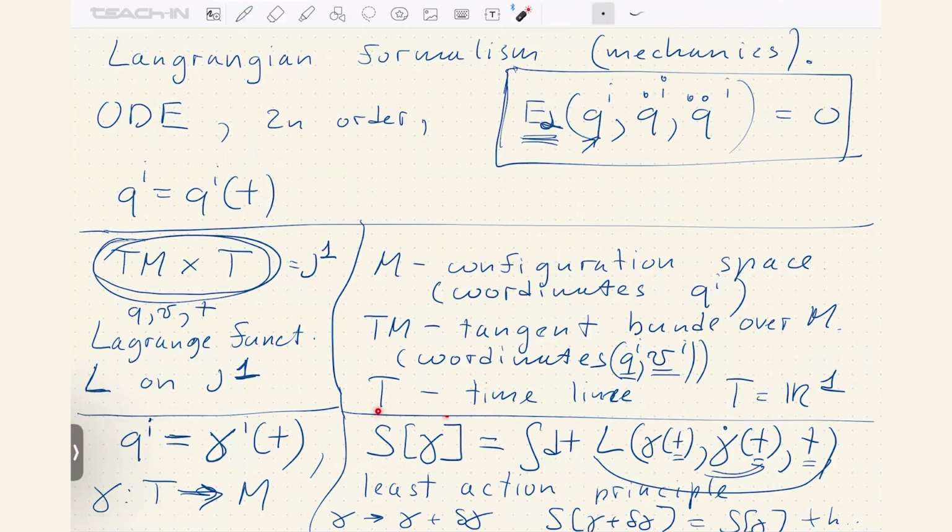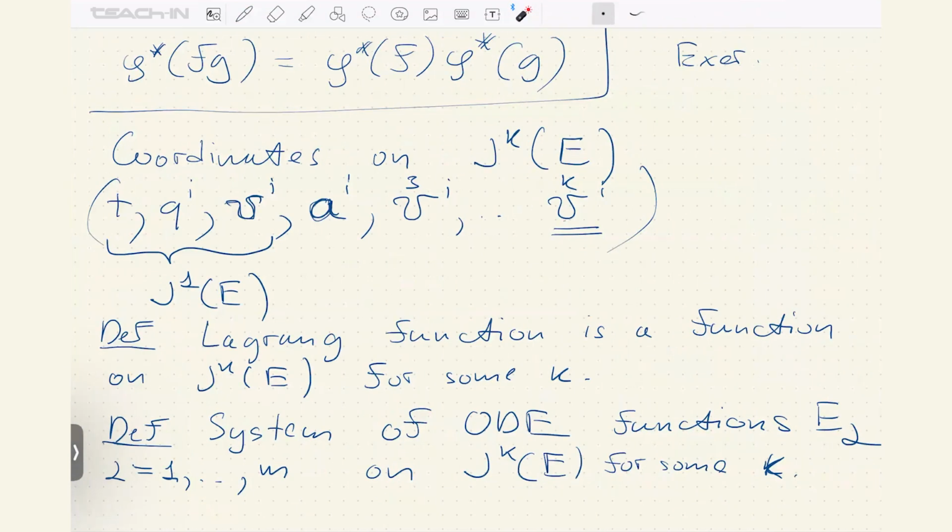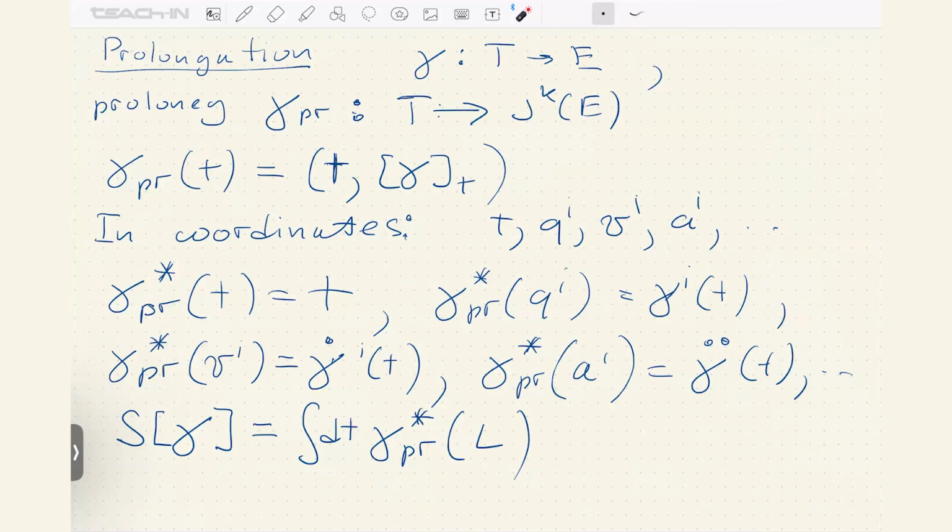So action is a Lagrange function evaluated on a concrete trajectory. You substitute q with gamma of t, you substitute v with the velocity of this trajectory, etc., if you have high derivatives, and t is the same. So this formula, now we understand, is nothing but gamma prolonged star applied to our Lagrange function. And now we have an action in more invariant terms.